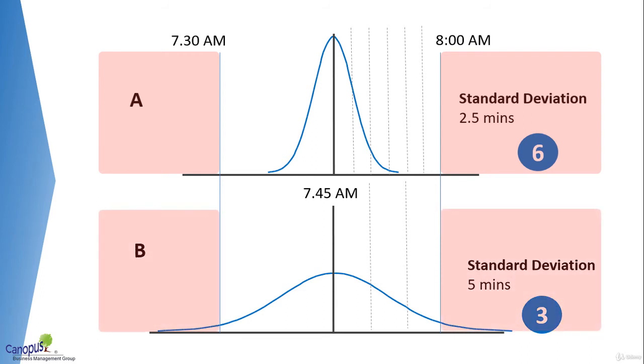But in the second scenario, it's quite likely that the train would come either after 8 o'clock or before 7:30. And that's not a reliable scenario for you. As a result, higher the sigma values, better it is for us to predict the performance of the process. And that is why organizations are trying to improve the sigma value of the processes, because they will be able to give predictable performance to their customers.